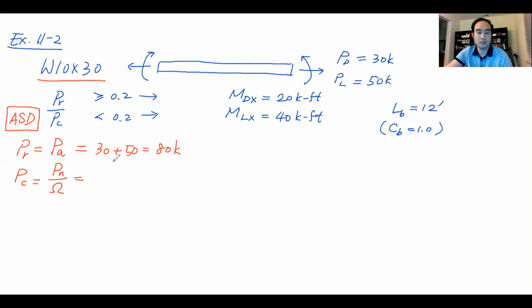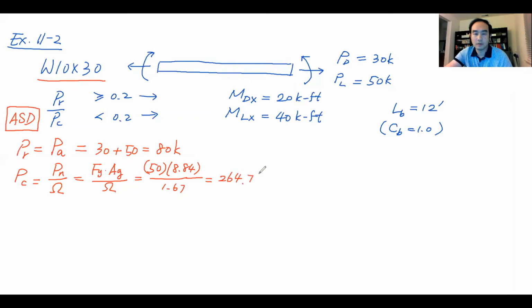So the yielding is going to be the governing failure mechanism, and the yielding for Pn is going to be Fy times Ag divided by omega factor, and omega is going to be 1.67. So 50 KSI still is used, and then Ag for the 10 by 30 section, you can look it up, it is 8.84 inches squared divided by 1.67.